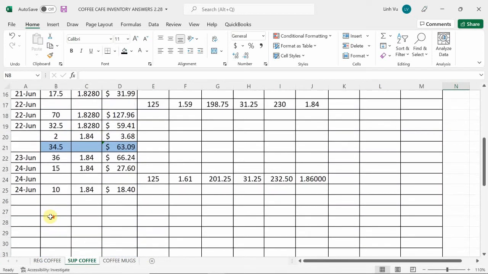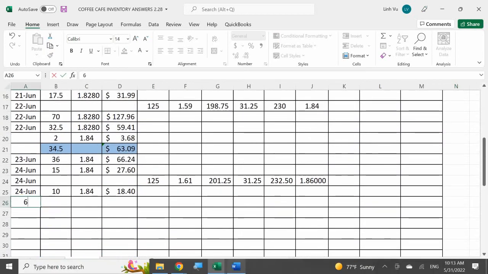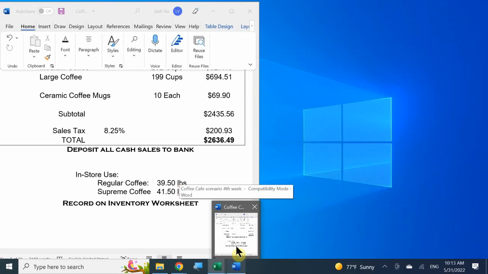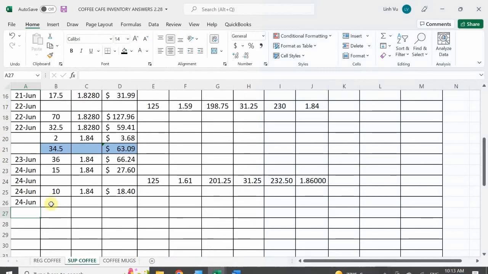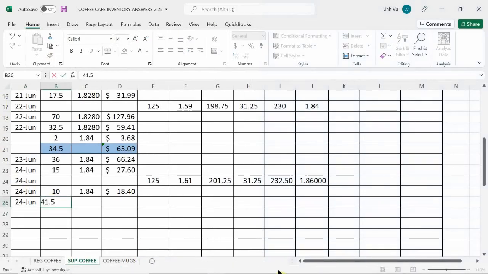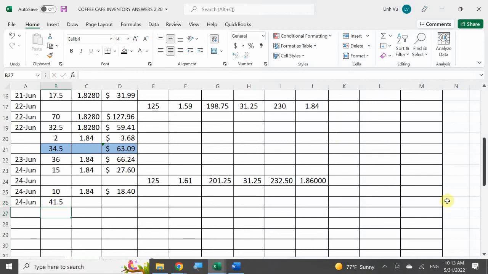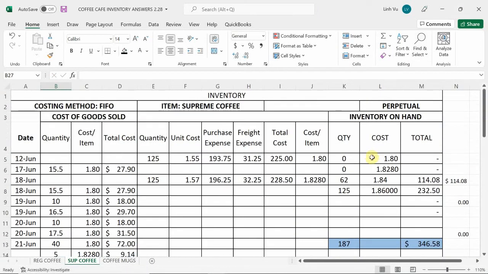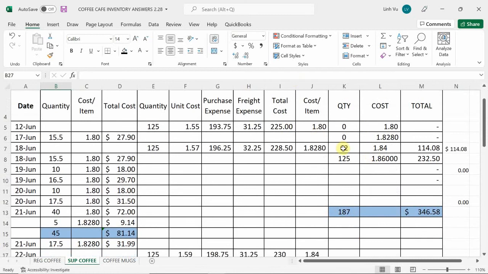Okay. Supreme coffee. Let's see, how many pounds did I use? We used 41.5. So 41.5. So let's take a look at my inventory. Okay. Perfect. I got 62 that I can use for that 41.5 pounds.